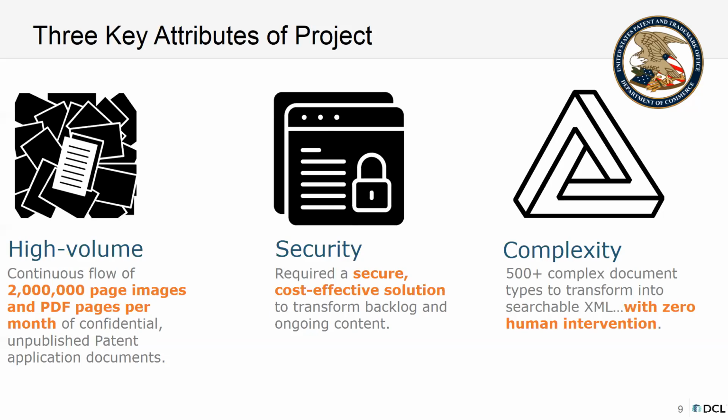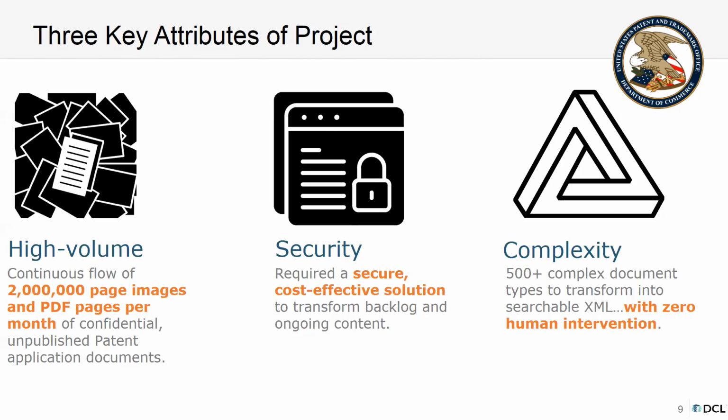These are unpublished patents. It's not the patents that have been published already, which are public record, but the patent filings that contain a lot of trade secret information, which the patent office has a fiduciary responsibility to maintain as secret. So there's a lot of things that have been built into the process to maintain that security.